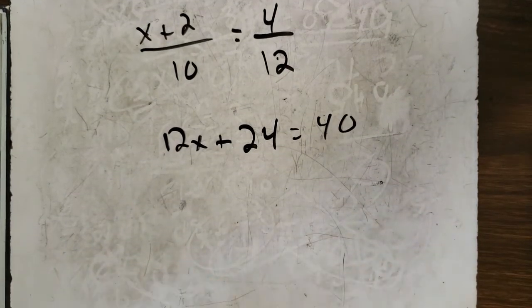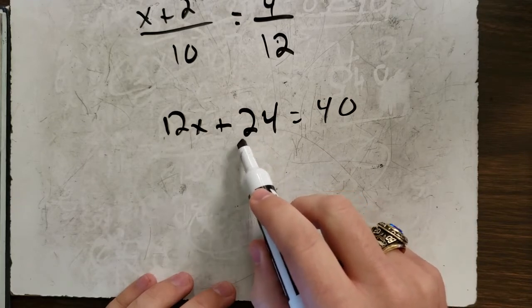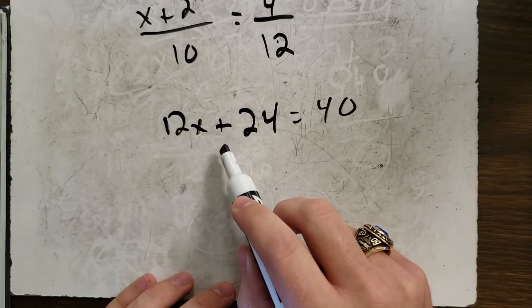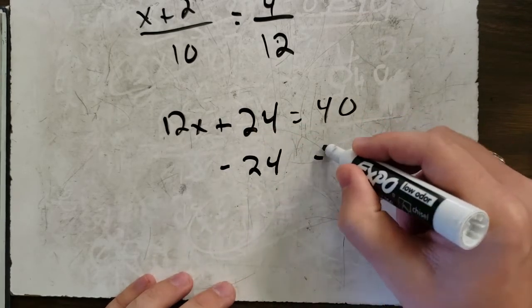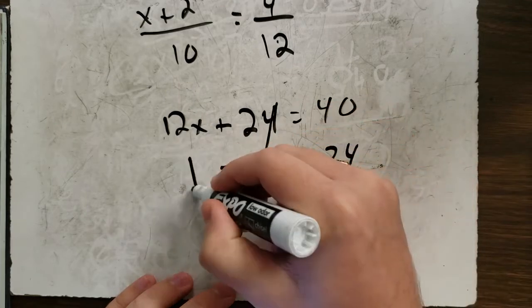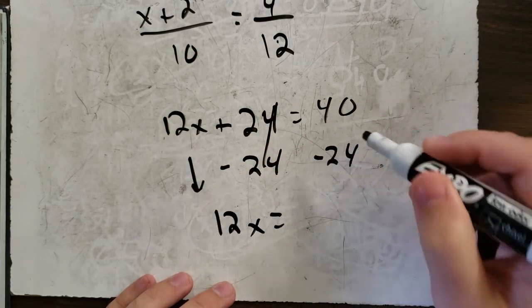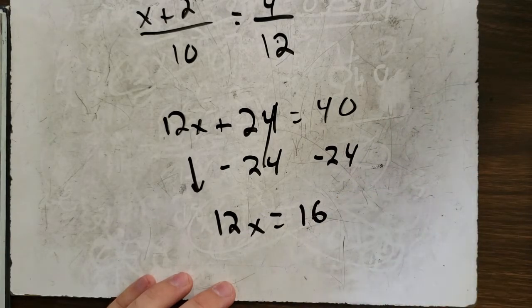Now we have a two-step equation, so let's solve for x. We have our 24 up here. The x is attached to our 12, so we have to move our 24 first. It's plus, so the opposite of plus is minus. So minus 24 on both sides. That cancels. Bring down your 12x. 12x equals 40 minus 24, which is 16.